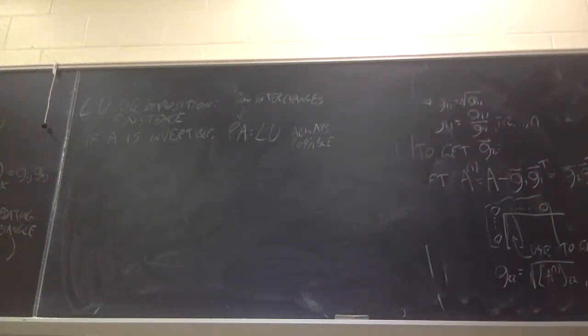If there's some need to interchange rows to avoid a division by zero during Gaussian elimination, if the matrix is invertible, you can always find a row to interchange with to make that happen.